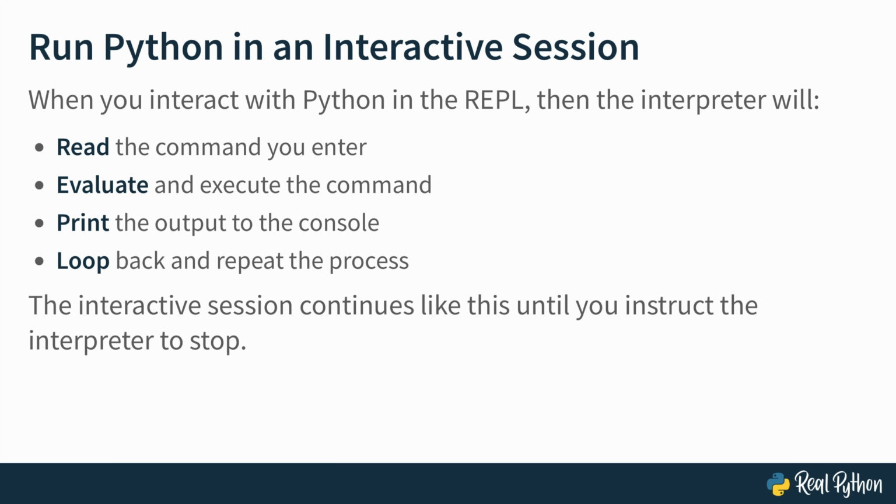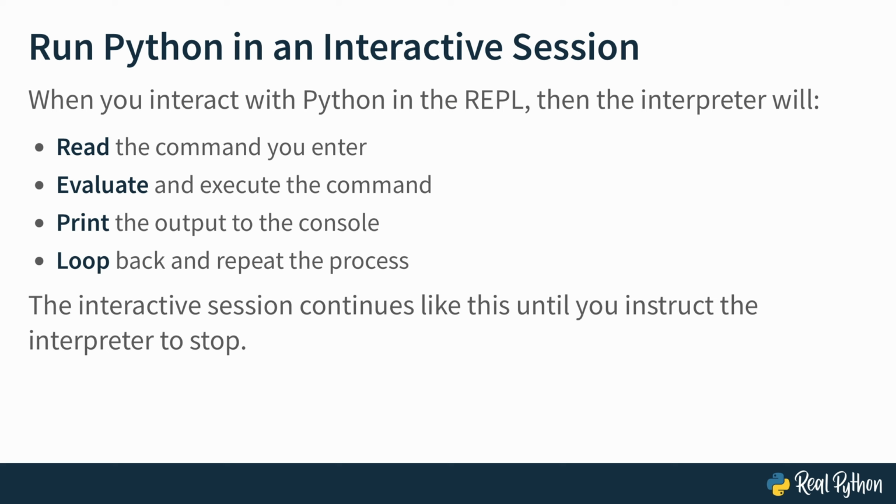One of the quickest ways to start interacting with Python is in a REPL, which means starting up the Python interpreter and typing commands directly to the interpreter. REPL stands for Read-Eval-Print Loop. When you interact with Python this way, the interpreter will read the command you enter, evaluate and execute the command, print the output to the console, if there is any output, and then loop back and repeat the process.